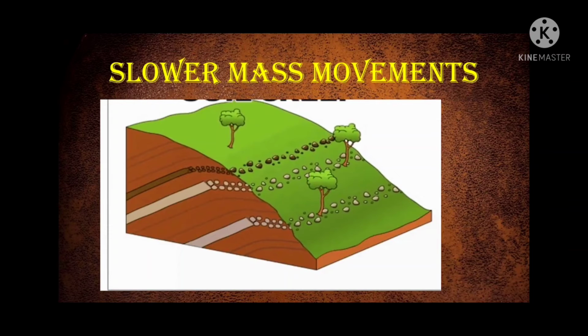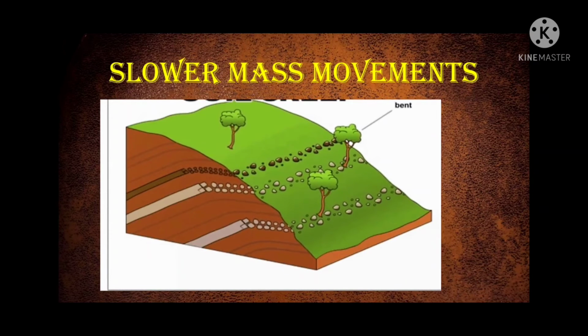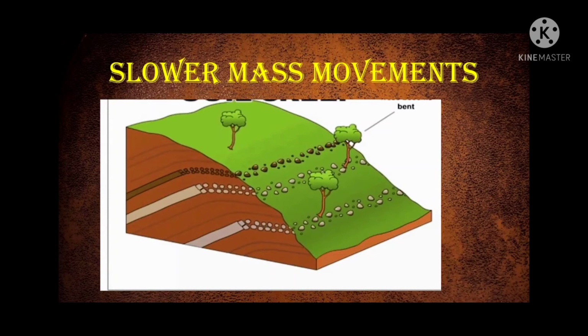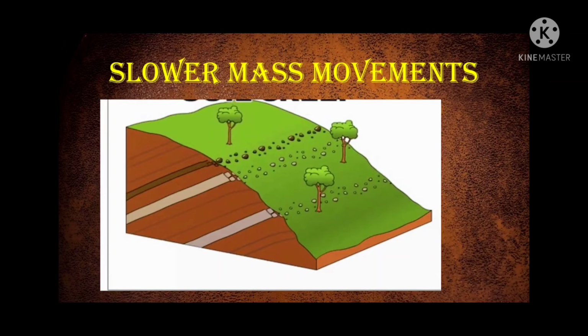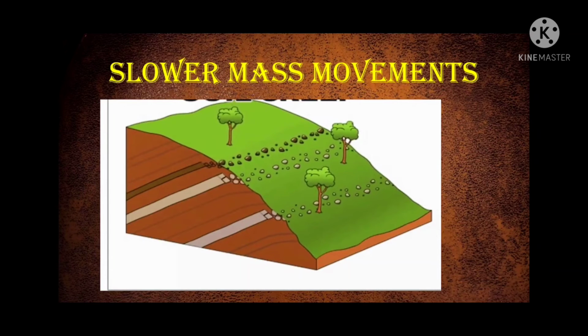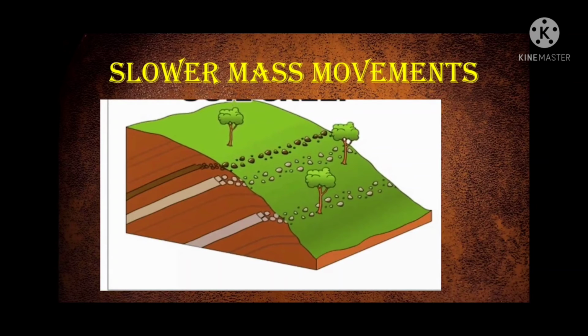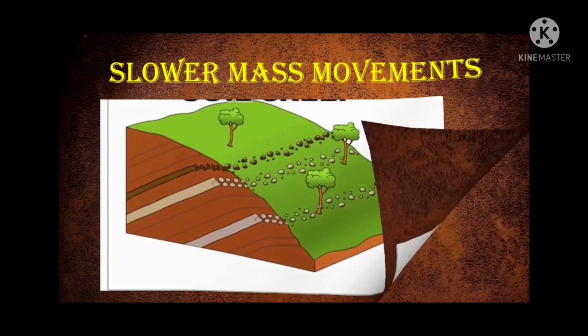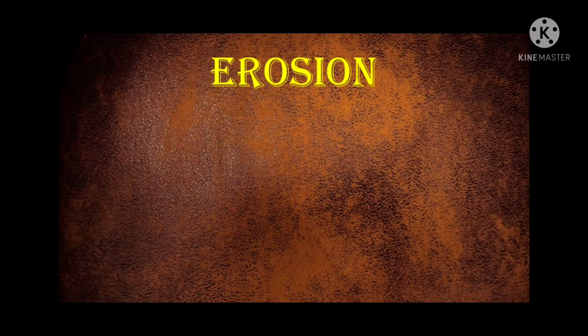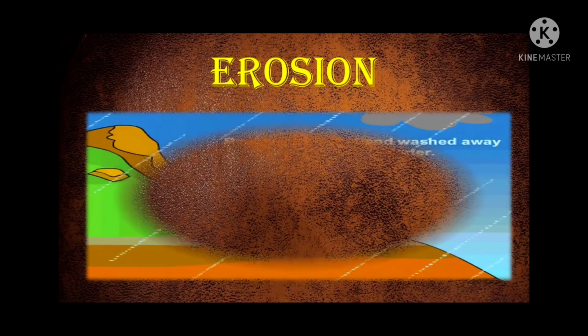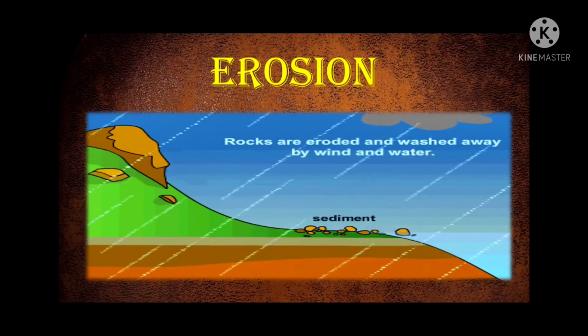As you can see here, along the slope, a small layer of soil and soil particles accumulates because of the movement of the soil. This process is called solifluction. Now, what does solifluction mean? It's a gradual movement of wet soil or other material down the slope.